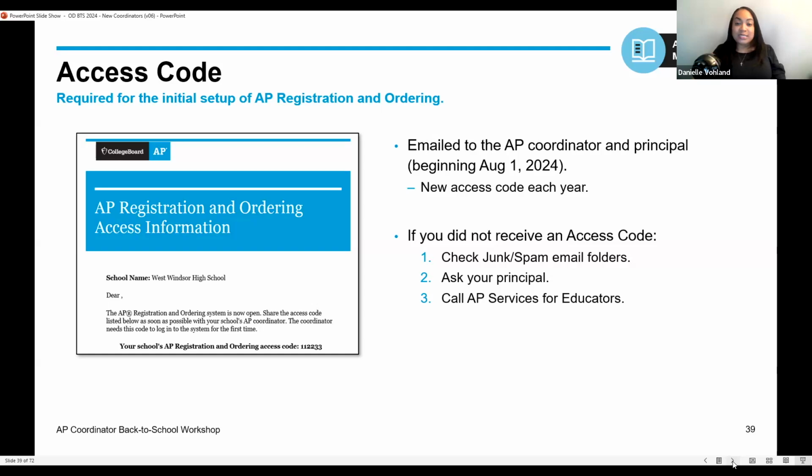If you did not receive an access code and you were the AP coordinator last year, please check your junk or spam email folders. If you are new to the role as AP coordinator, please check with your principal, or you can call AP Services for Educators.